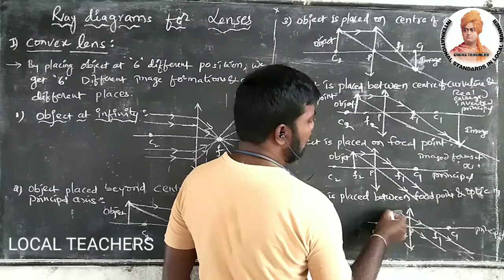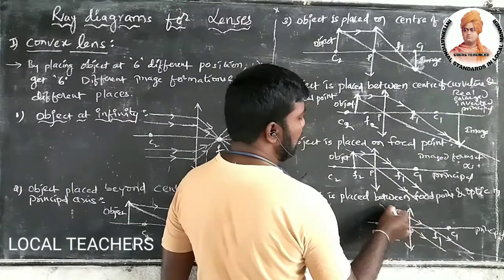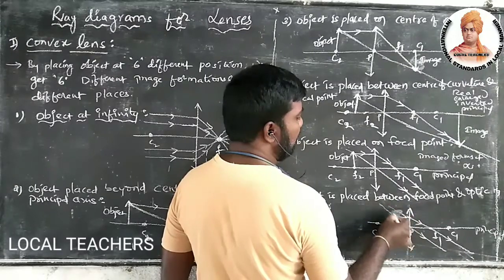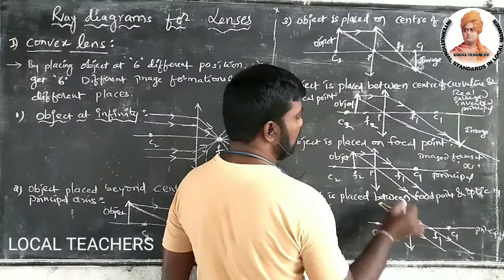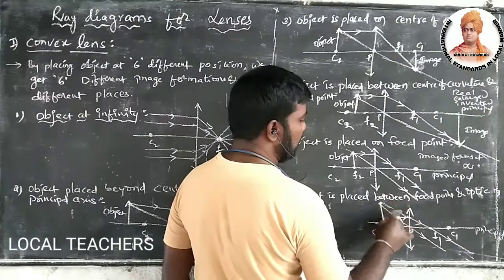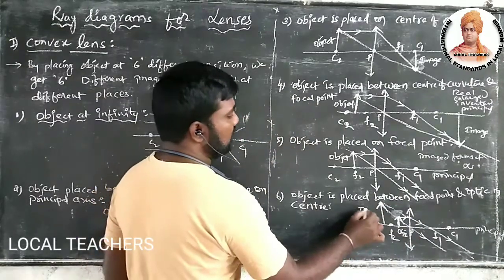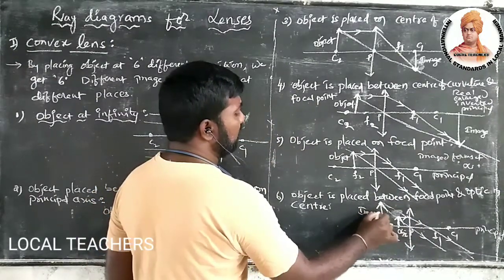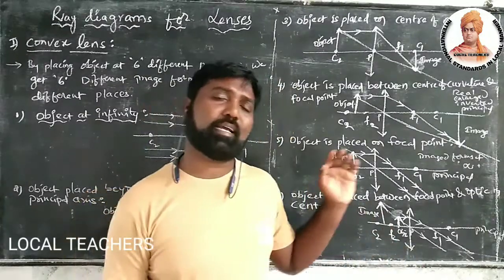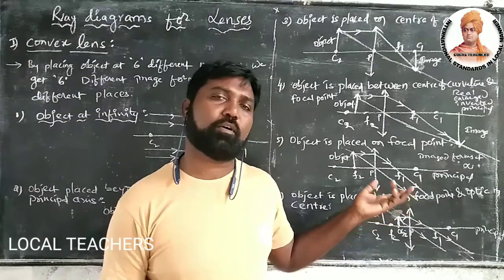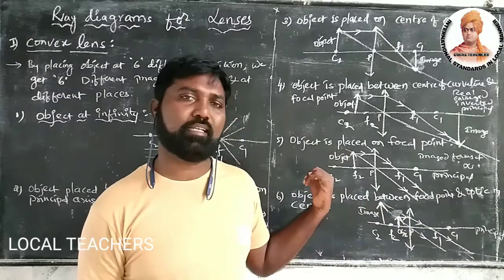If we extend back like this, all will meet at a common point. At this common point we got the image. That is, when the object is placed between the focal point and optic center, the image is formed here.